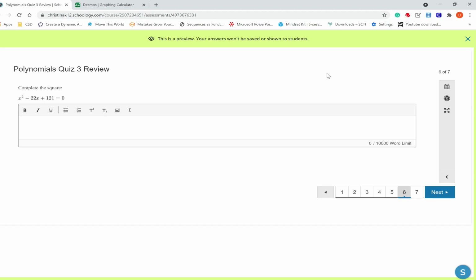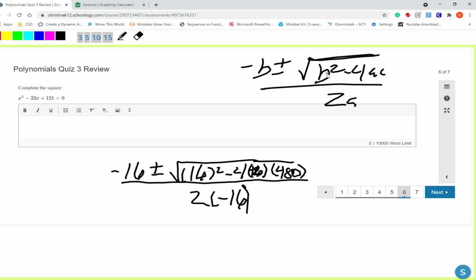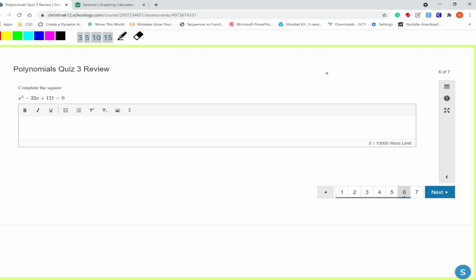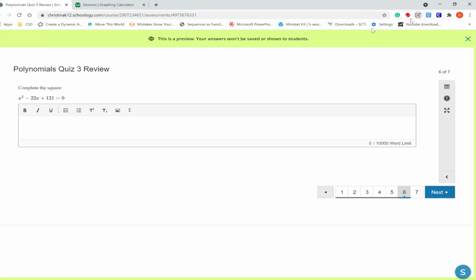Question number 6, we're told to complete the square. So let's do the complete the square. So we have x squared minus 22x plus 121 equals 0. So first step, let's just type this in. That's probably the simplest thing to just type our work in from the beginning.